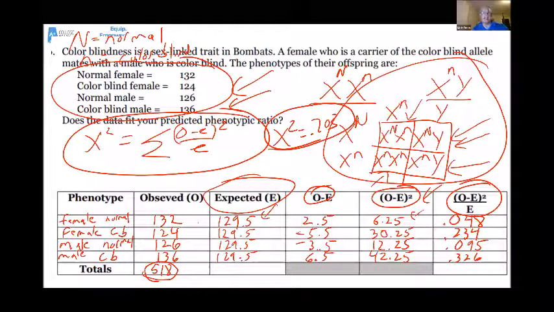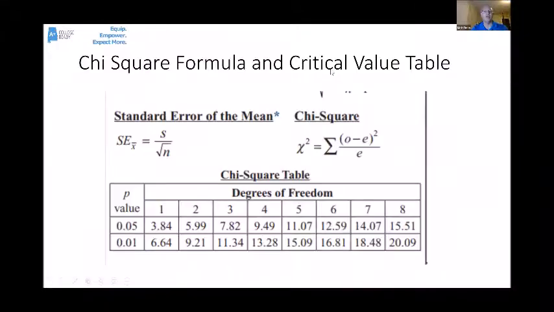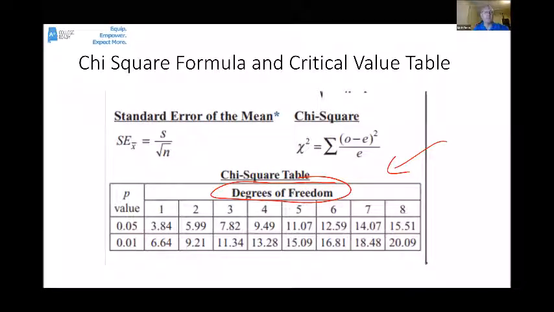Now, by itself, that number doesn't really mean much. It doesn't tell you anything. You've got to compare it to what's called the critical value. And you get the critical value from this table that's given to you on your formula sheet. And the way you use that table is, first of all, you have to know how to find degrees of freedom. The degrees of freedom are going to be one less than the number of phenotypes you started with.